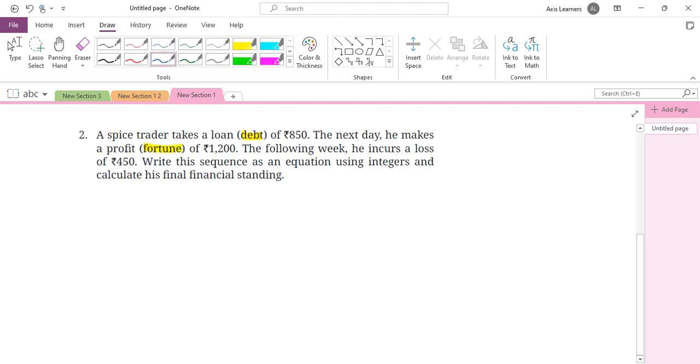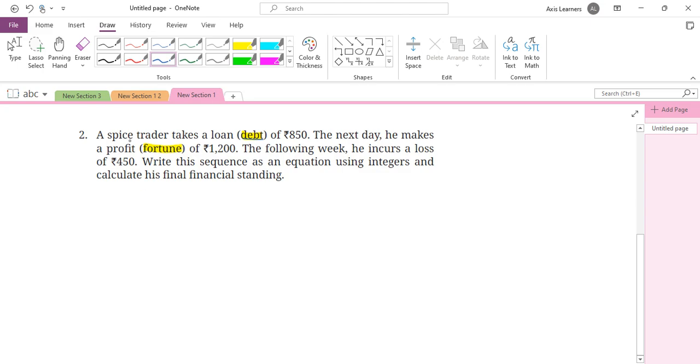A spice trader takes a loan, loan means debt, of rupees 850. The next day he makes a profit, that is fortune, of rupees 1200. The following week he incurs a loss of rupees 450. Write this sequence as an equation using integers and calculate his final financial standing. Let us see the solution.